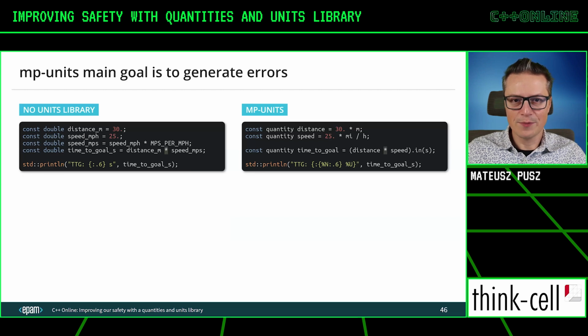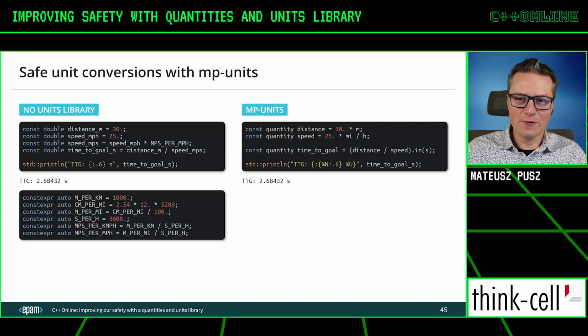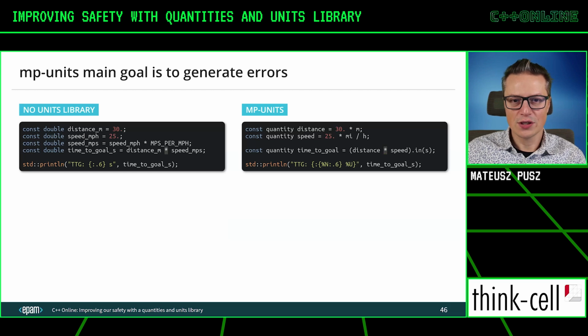And I get exactly the same result in both cases. If I make an error during calculation, so instead of division I would have a multiplication, then some strange things may happen.